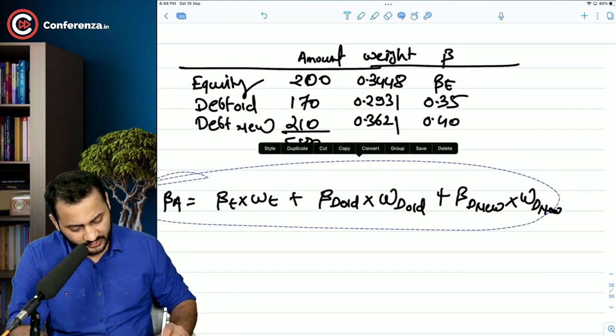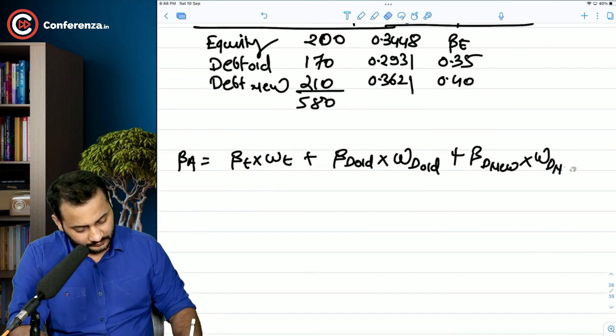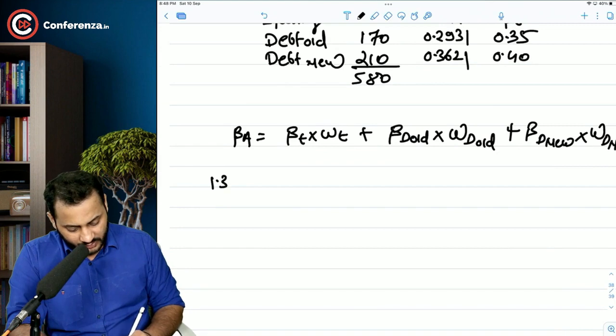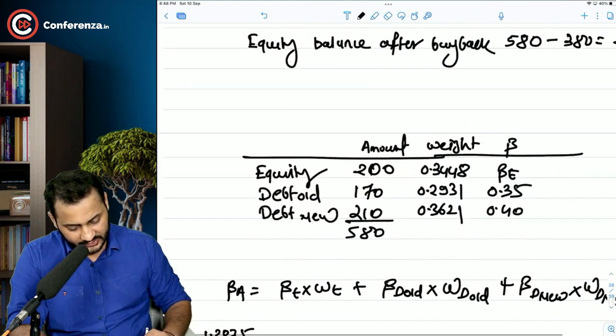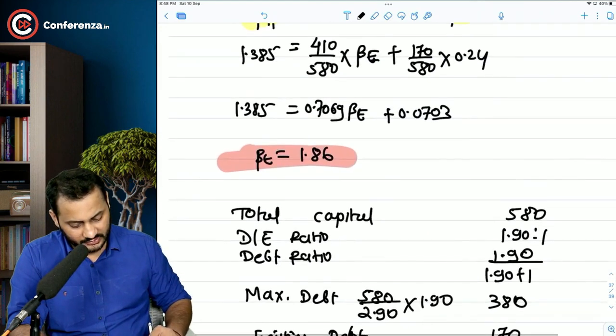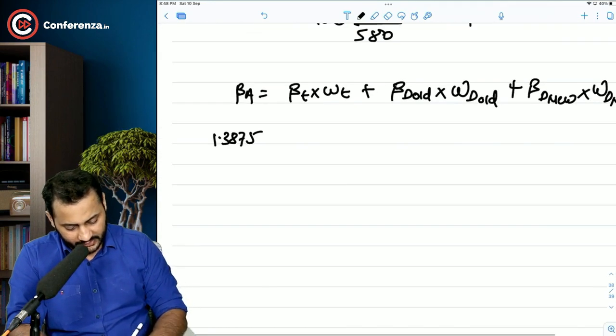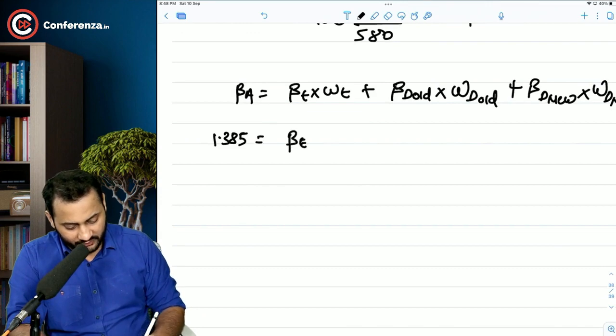The concept will not change. Asset beta is 1.3875, right? Let's find out from the previous answer. It is 1.385. Asset beta is 1.385. We have to calculate the equity beta.